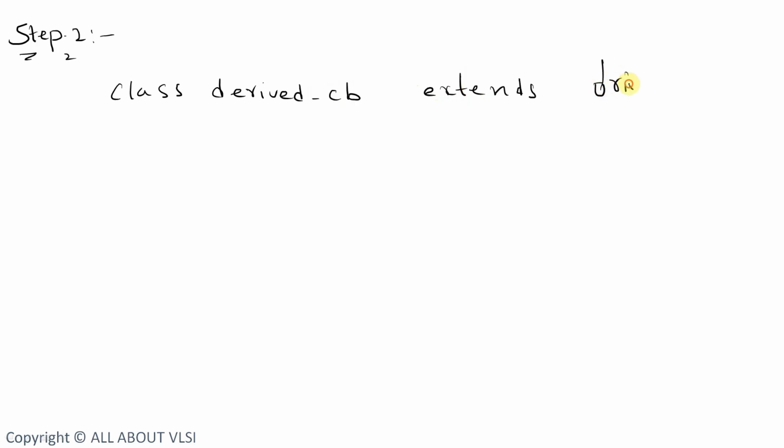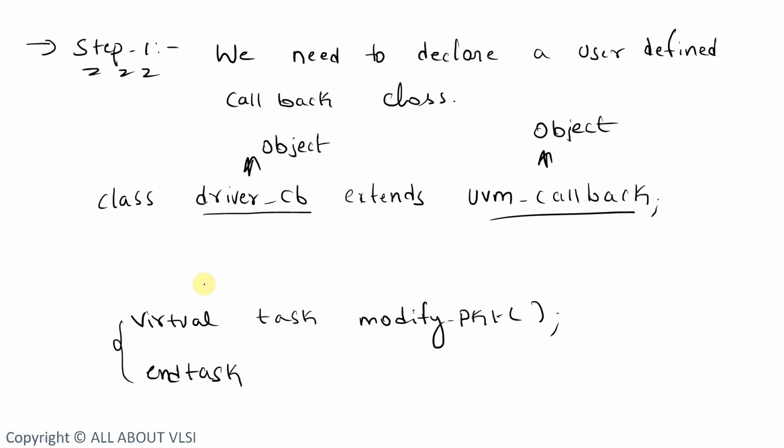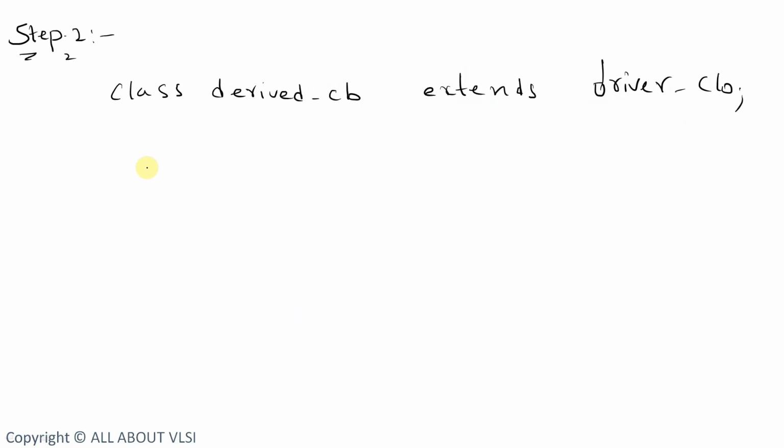What is step two? Step two is you need to derive one more class. Let's say it is class derived_CB, which extends from driver_CB, our class, and it is also an object class.